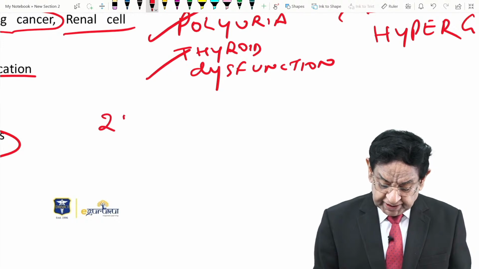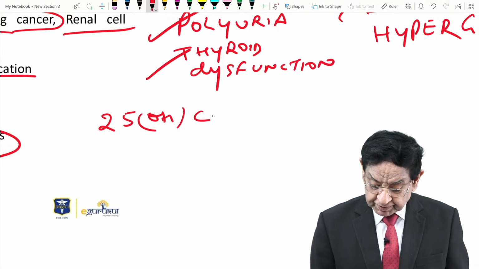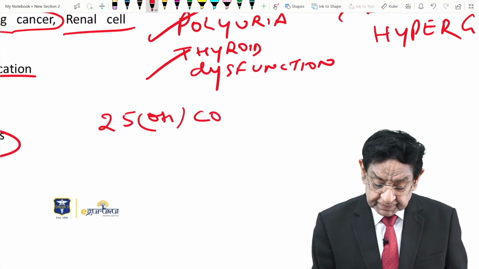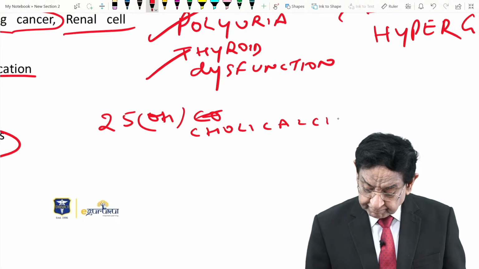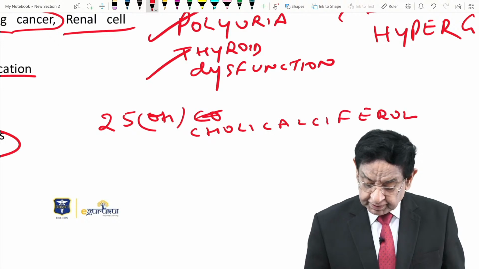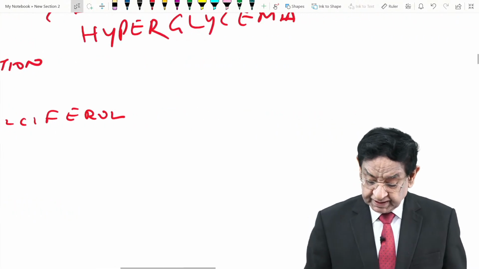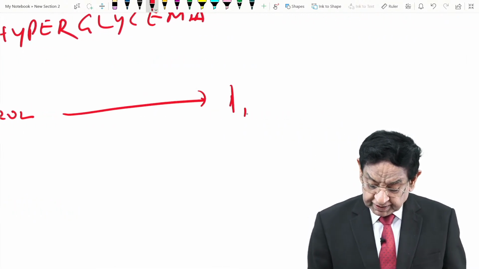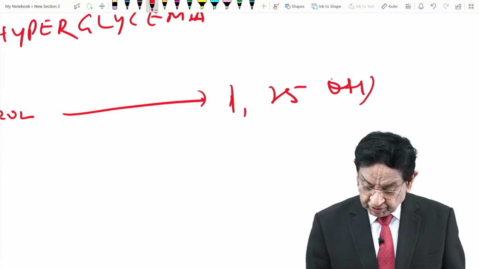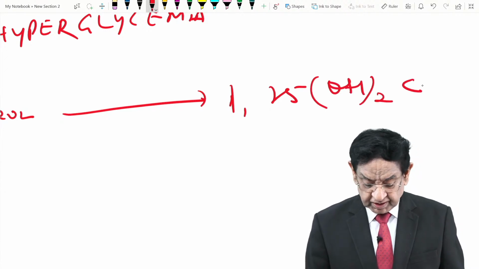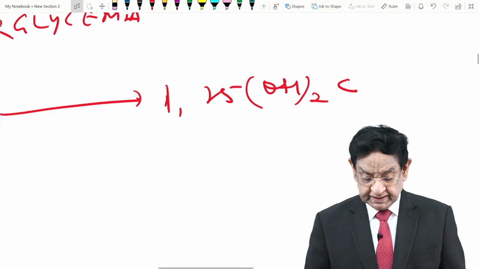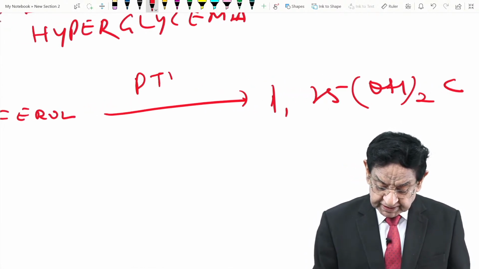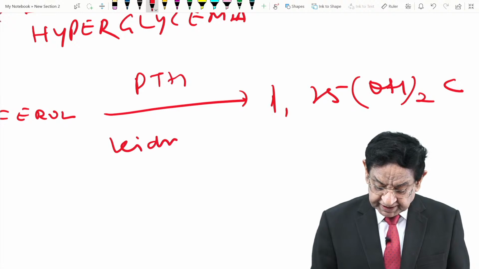We all know very well the 25 hydroxylation of cholecalciferol occurs in the liver and it is converted into 1,25 dihydroxy cholecalciferol. C for cholecalciferol, which you already wrote, I am writing C only. This reaction needs PTH and this reaction occurs in the kidney.